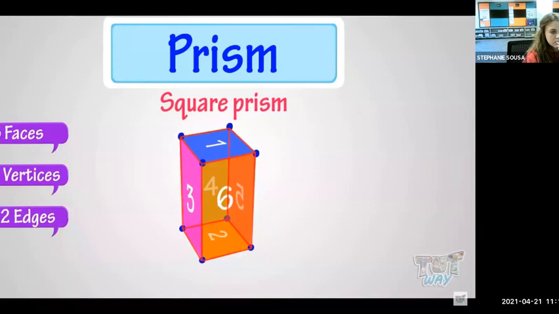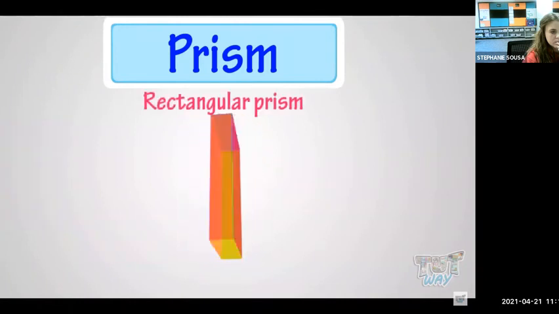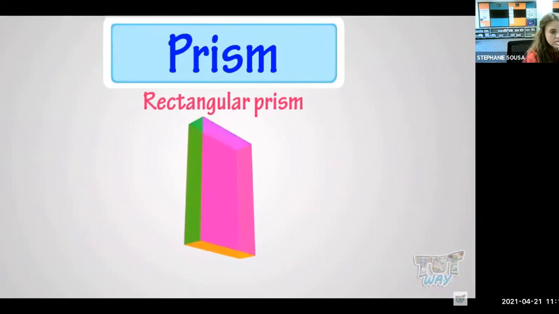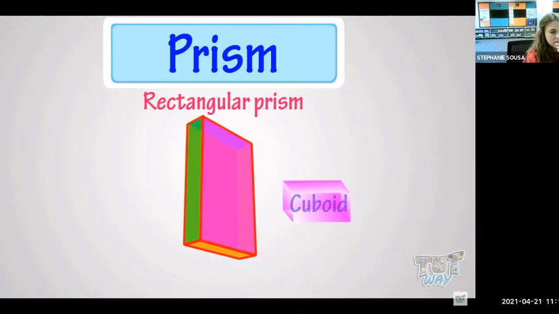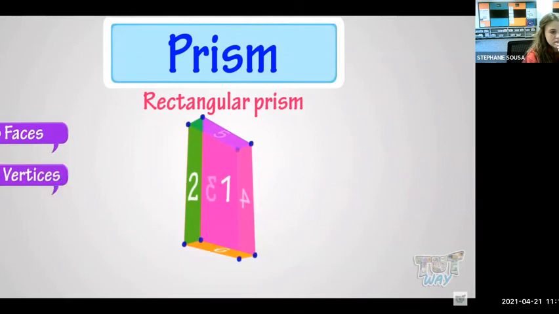Now, let's learn another type of prism. This is a rectangular prism because its top and bottom faces are rectangular, and all other faces are rectangular too. This is the same as cuboid shape. So, it has 6 faces, 8 vertices, and 12 edges.